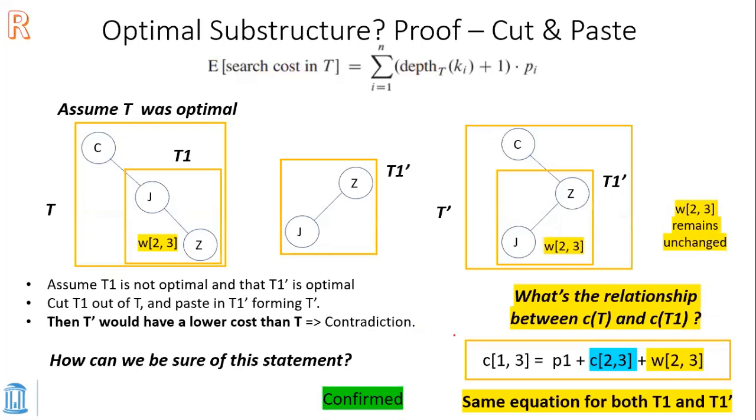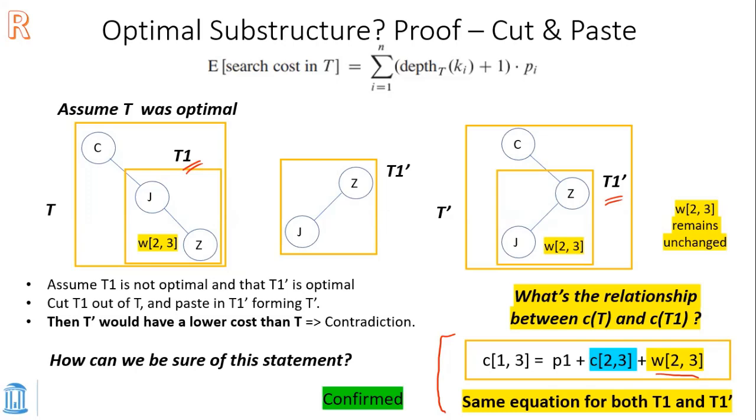This is a generic equation that you can write, and so this confirmed our conjecture that the optimal substructure exists. The reason we were able to confirm that is that, regardless of whether you take T1 or T1 prime and rearrange the substructure, the weight of 2, 3 remains the same.